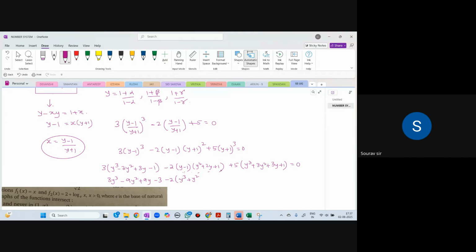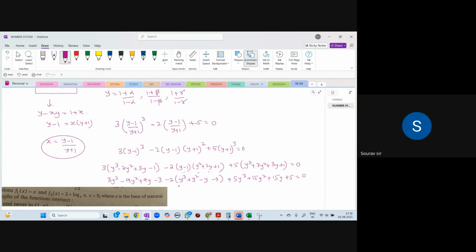Then y minus 2y is minus y, and minus 1. Right? Plus 5y cube plus 15y square plus 15y plus 5 equal to 0.